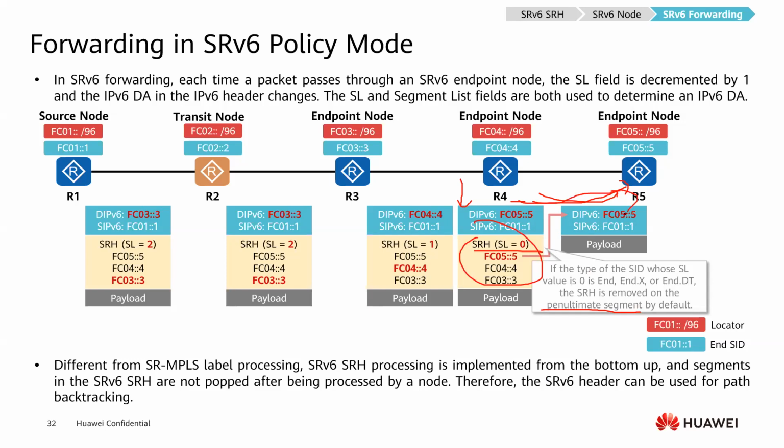So this is forwarding in SRv6 policy mode. Any questions? Beware that the source IPv6 address is not changed, but the destination will change when the traffic reaches each endpoint node.